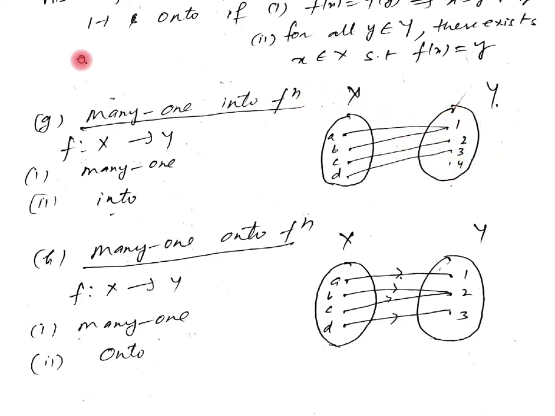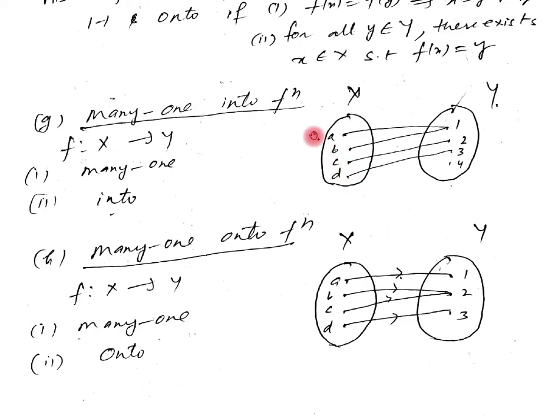Second point, you must know what is the into function. This type of function is known as into function when there is at least one y belonging to y which does not have a pre-image in x. If every element of y has at least one pre-image in x, then the function is said to be onto function.